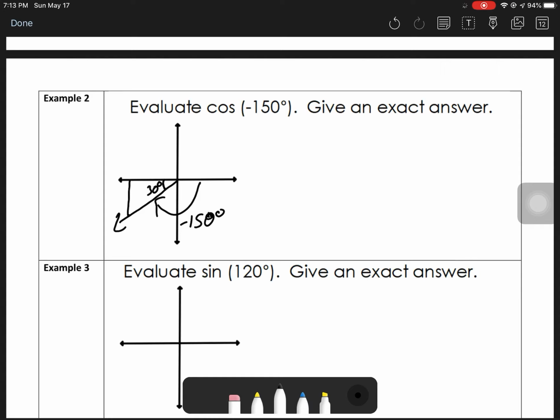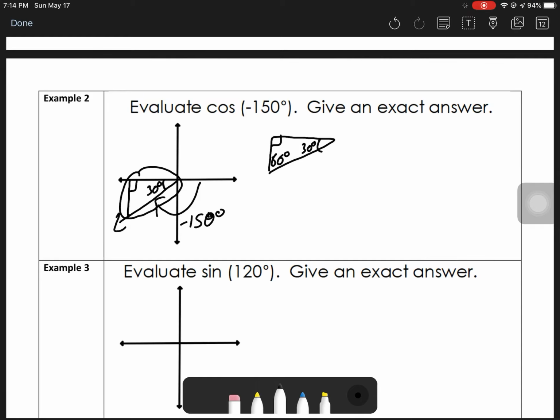And 30 is a really nice number because it's part of our special right triangle. So I'm just going to take this triangle image and place it off to the side here. We know that this angle here was 30 degrees. This has got to be a right angle since I went straight up and down. And then that leaves this to be 60, and we end up with that 30, 60, 90 situation.